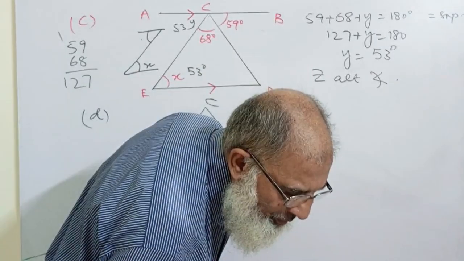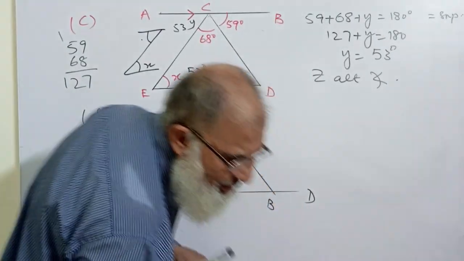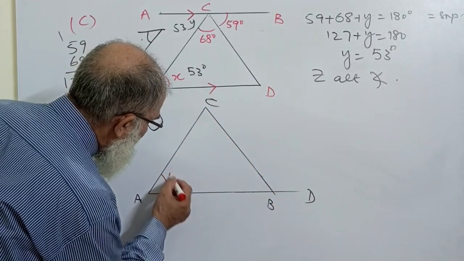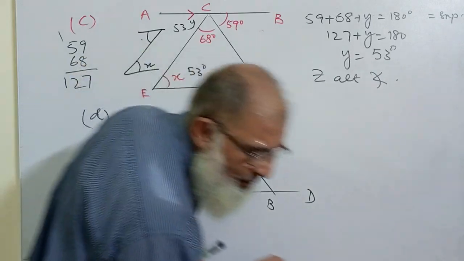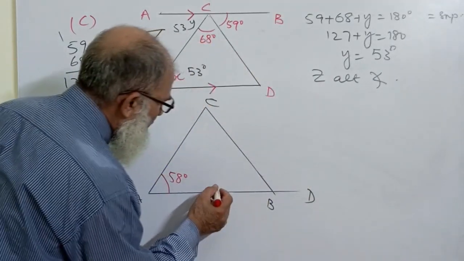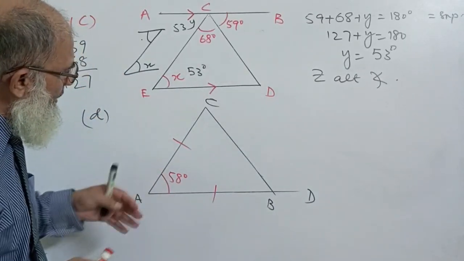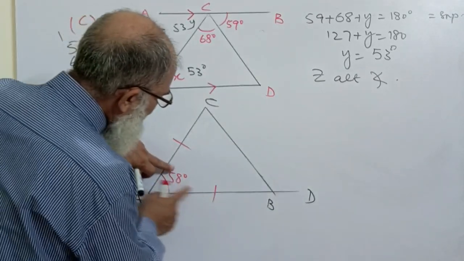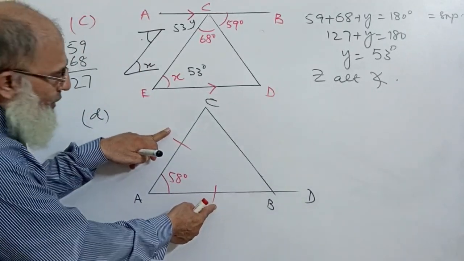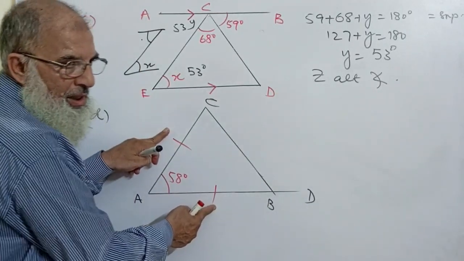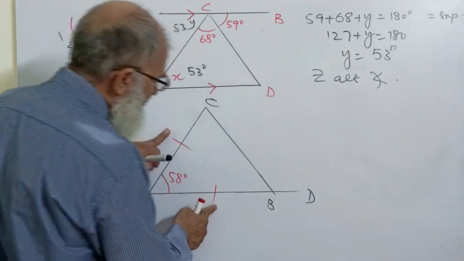So there is only one angle given, 58 degree, and also one clue is given. So it is very easy, my dear students. Now this is the included angle of the two sides of the isosceles triangle.